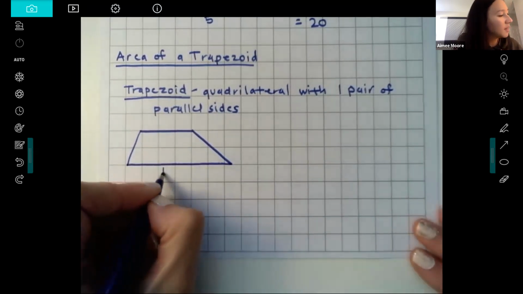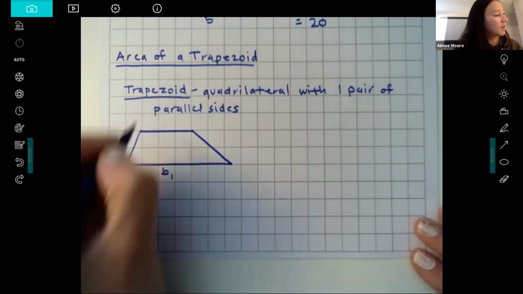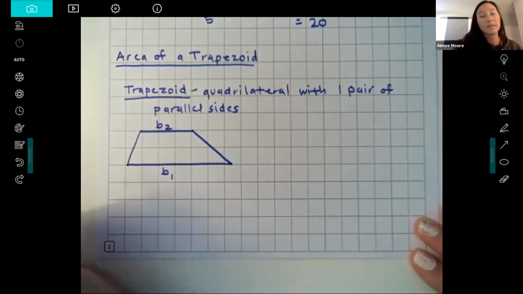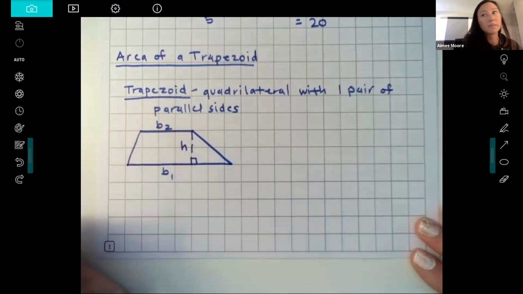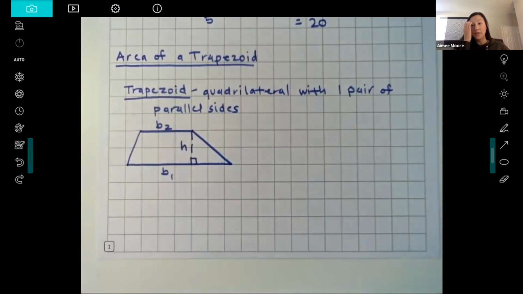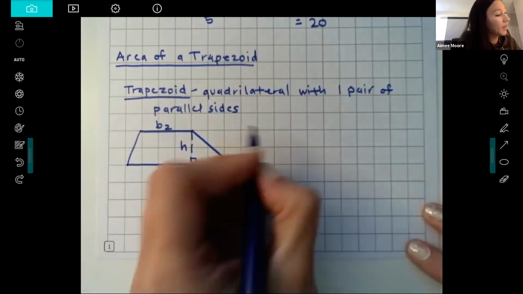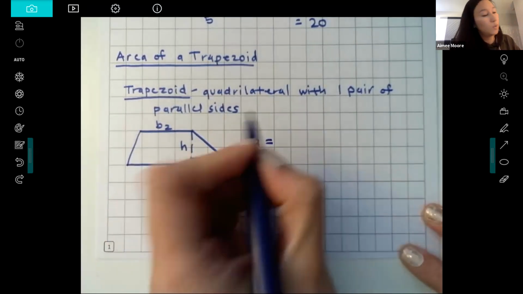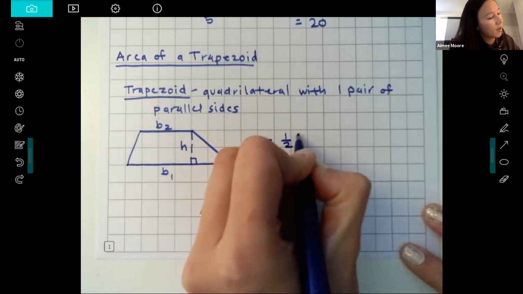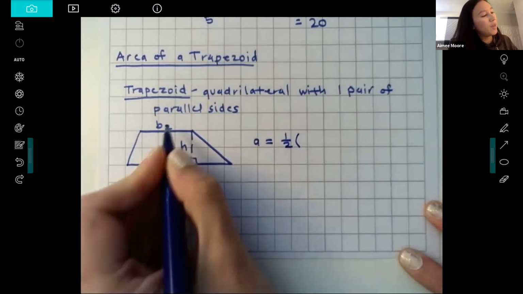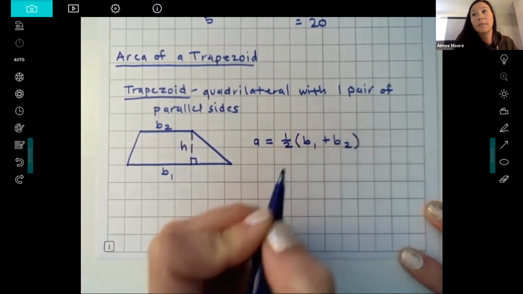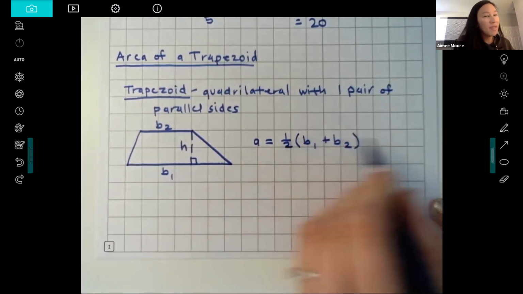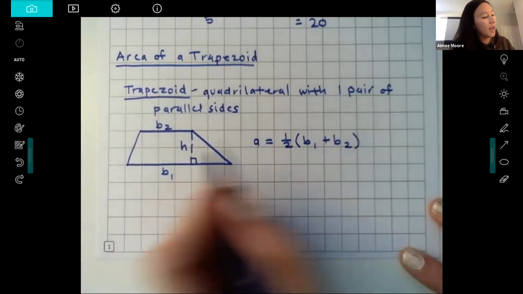Okay, so this one's a little bit more involved. And so it's just knowing how to use the formula. So the formula is 1/2 of B1 plus B2. So you add the two bases, take half of that, and then multiply that by your height.